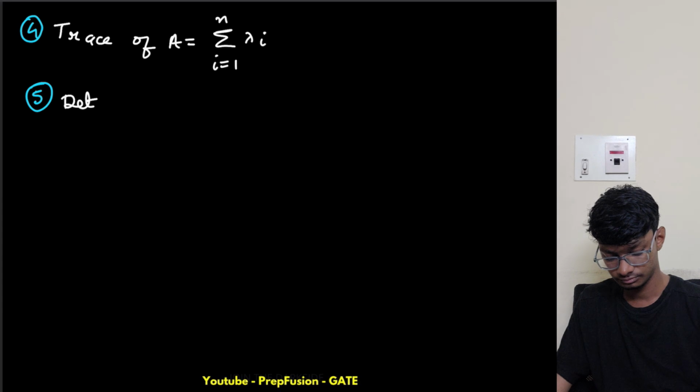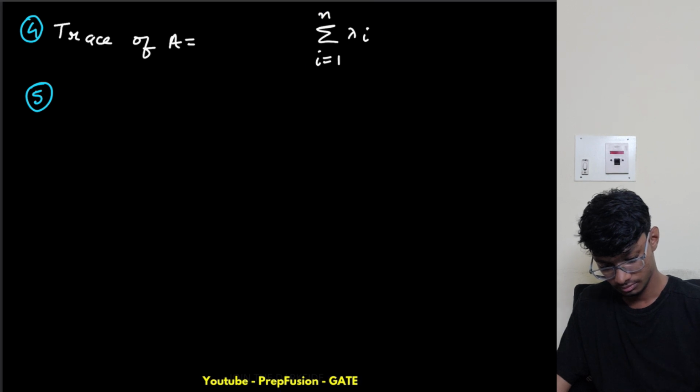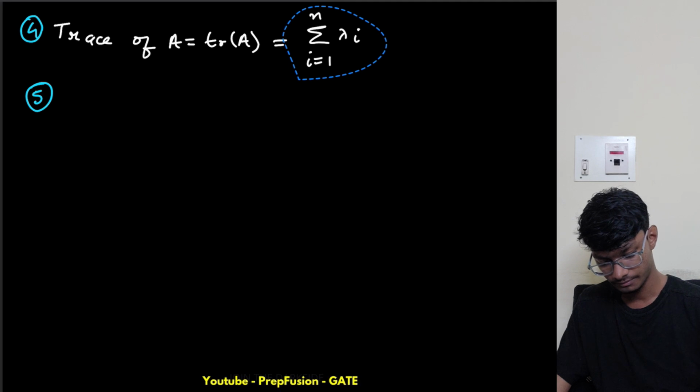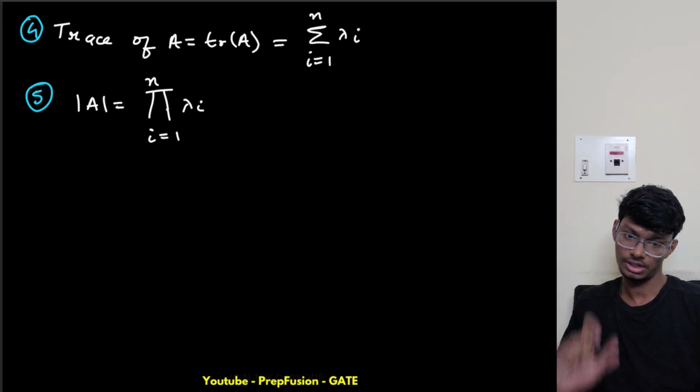So trace of A equals this, and determinant of A equals the product of the eigenvalues basically. So this is the sum over i from 1 to n of lambda i, and the product over i from 1 to n of lambda i.